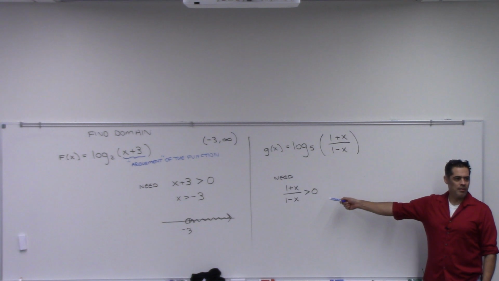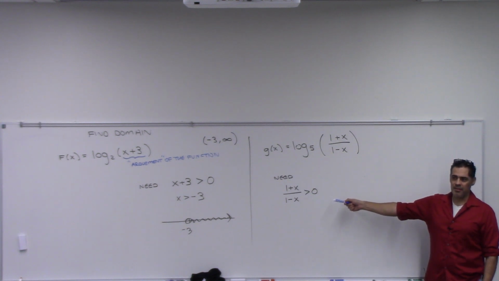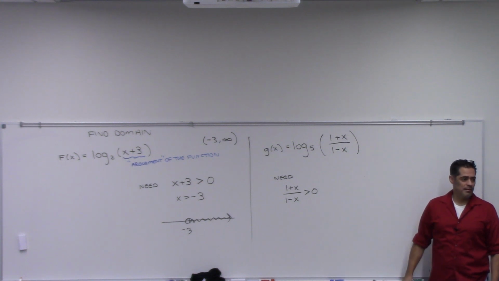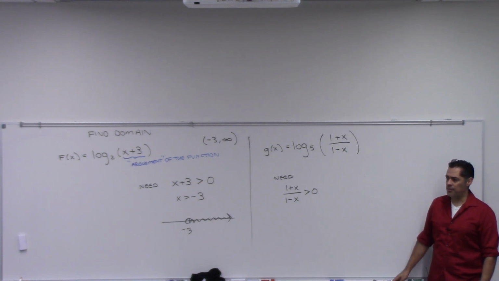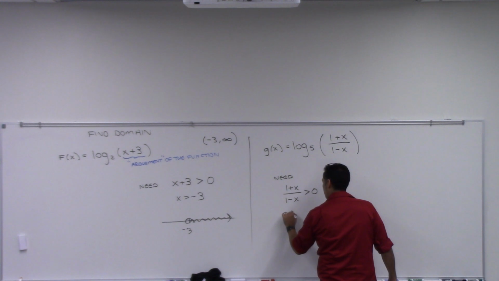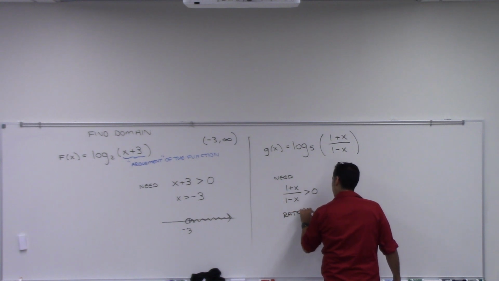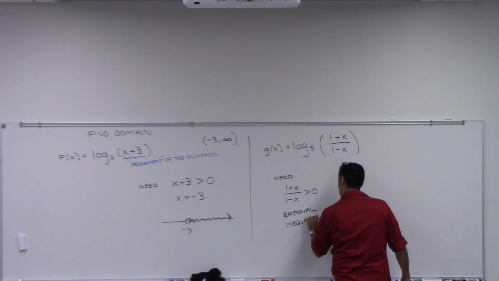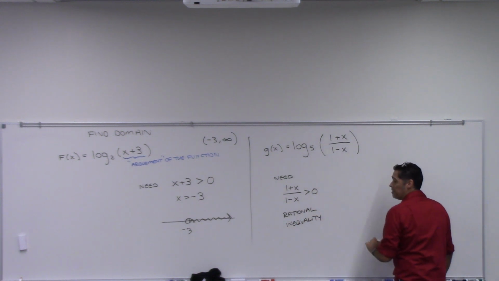What's that called? We've studied this. It's going to be on your next test. A rational inequality. And we have a set of steps to do this. Anyone want to tell me the first step?